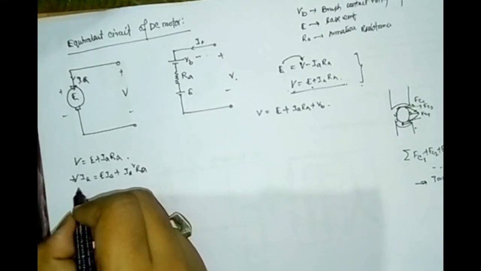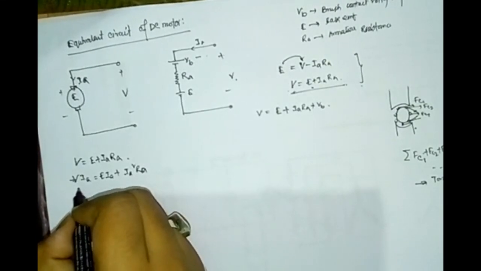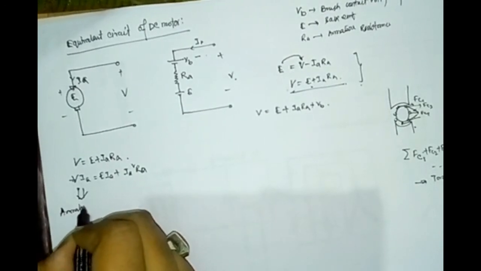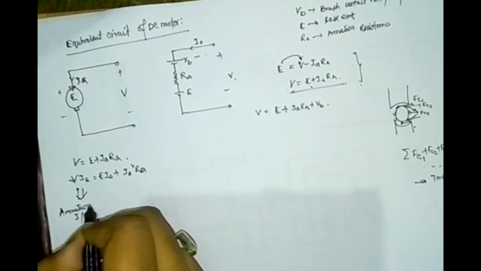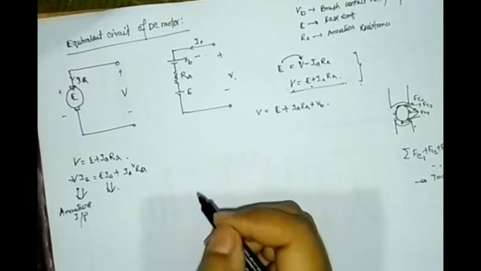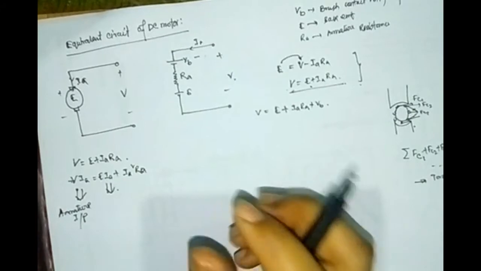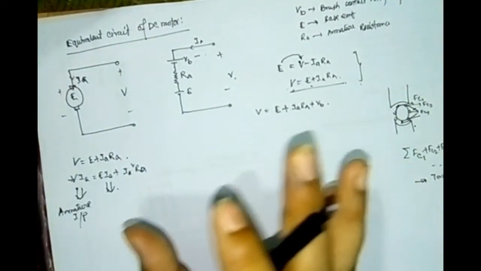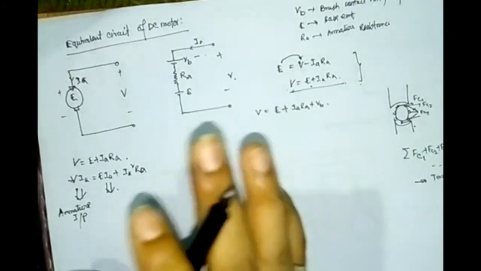V IA is the electrical power input to the armature. Here E IA is the electrical equivalent of the gross mechanical power, or you can say the mechanical power developed in the armature.